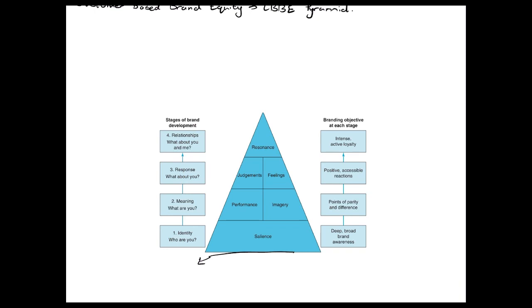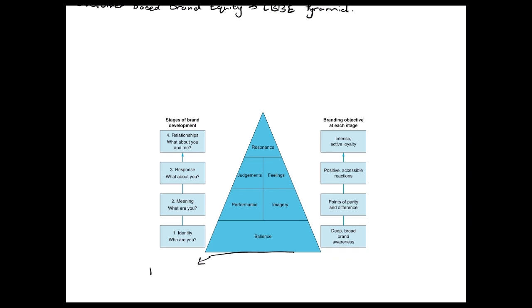A salient brand is one that has both depth and breadth of brand awareness, so that customers always make sufficient purchases, as well as always think of the brand across a variety of settings in which it could possibly be employed or consumed. Salience is an important first step in building brand equity.